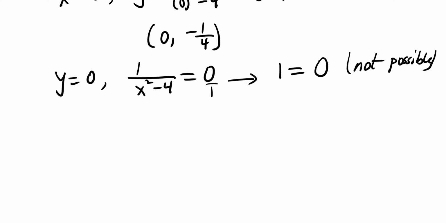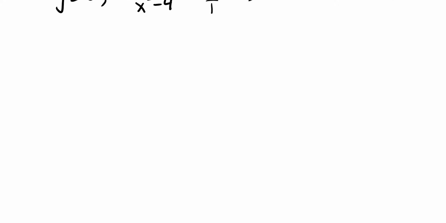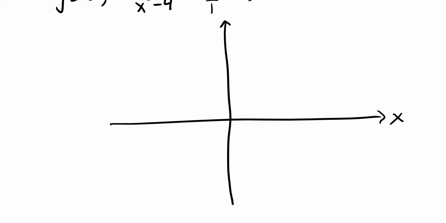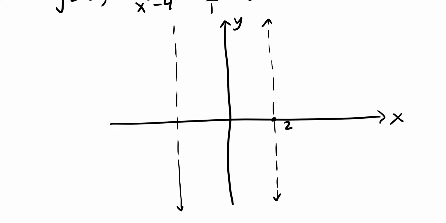Now with all the information that we have so far about this function, we try to sketch the graph. We had x equals 2 as a vertical line, the vertical asymptote. x equals -2 as another vertical asymptote. And we had y equals 0 as a horizontal asymptote.